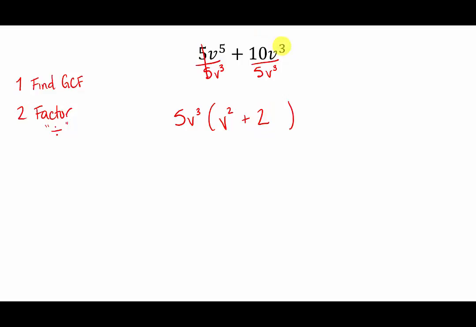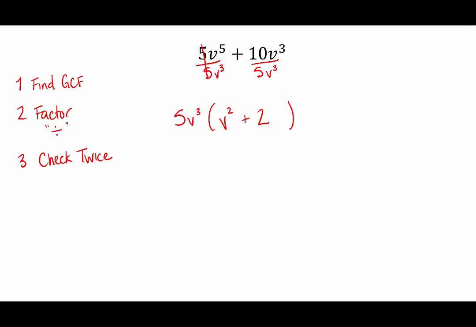And then v cubed divided by v cubed, so I would not need a variable there. And then my third is check twice. Check 1, do the terms inside of my parentheses have a GCF? V squared and 2 do not have a GCF, so we're good.